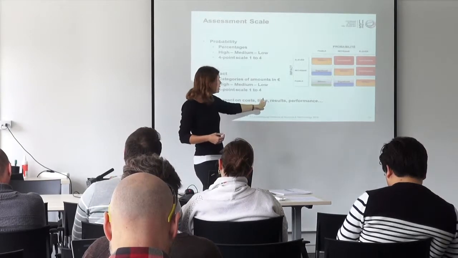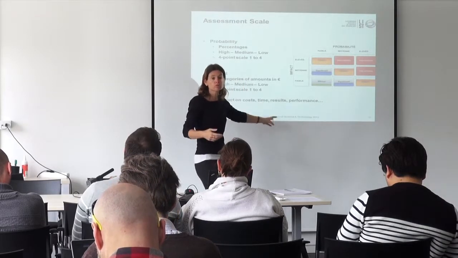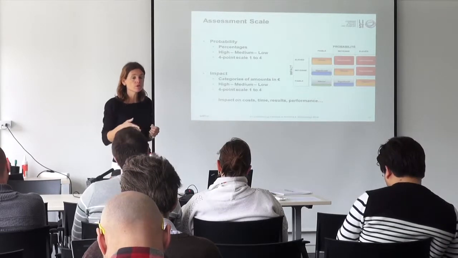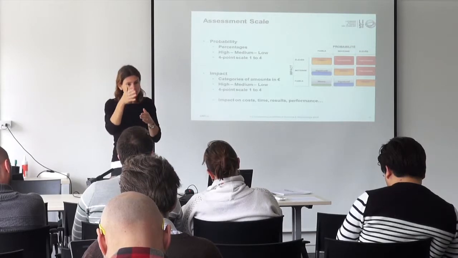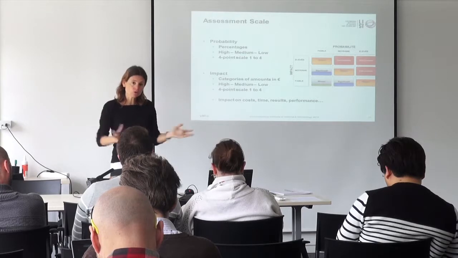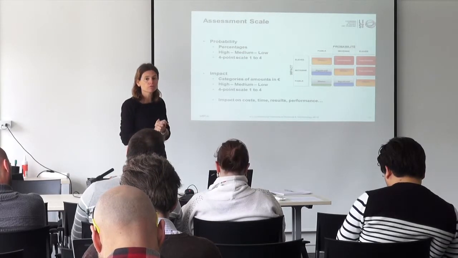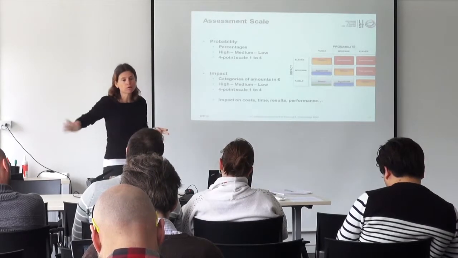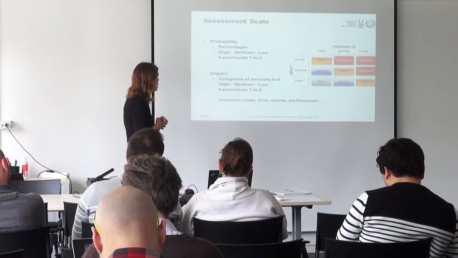What is the level related to time? What is the level related to quality, performance, results, and so on? There are some methods where you define different criteria regarding impact, define a level of impact for each of them, and then combine them together to have an overall impact level for that risk. You can go really far in the assessment part.